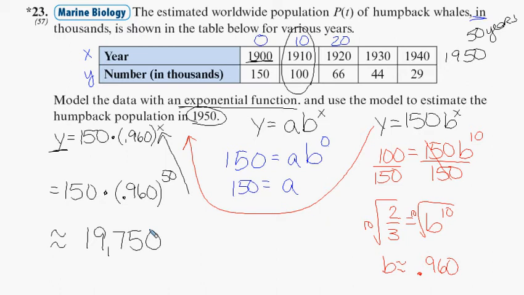So since you're doing it to the nearest 100, then we'll just do 19,700, for example. That many whales, okay? And so you can see the population of humpback whales is definitely decreasing, because in 1900 we had 150,000, now we're down to 19,700.